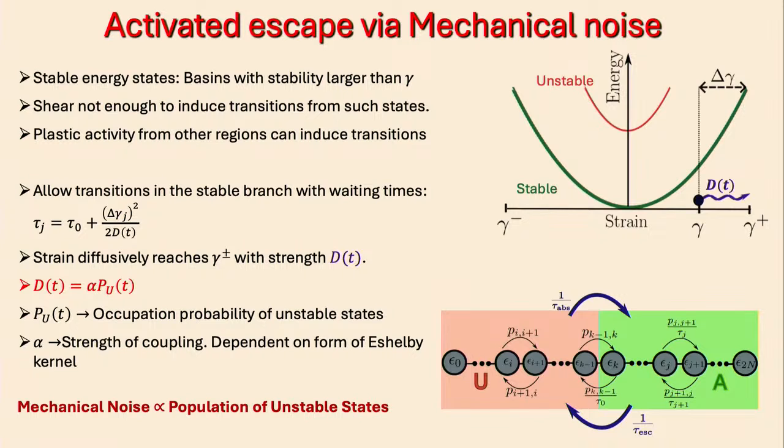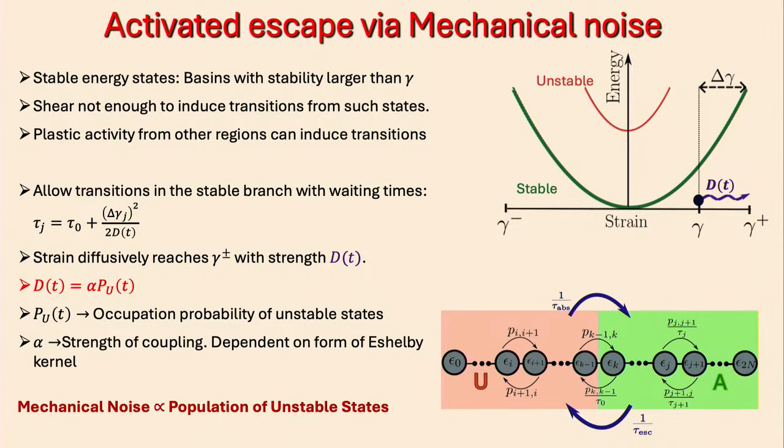Now, this diffusion in strain space, I would like to associate a diffusion coefficient to, and what I'm going to say is that this diffusion coefficient is going to be proportional to the fraction of states that are unstable to the given amplitude of strain.